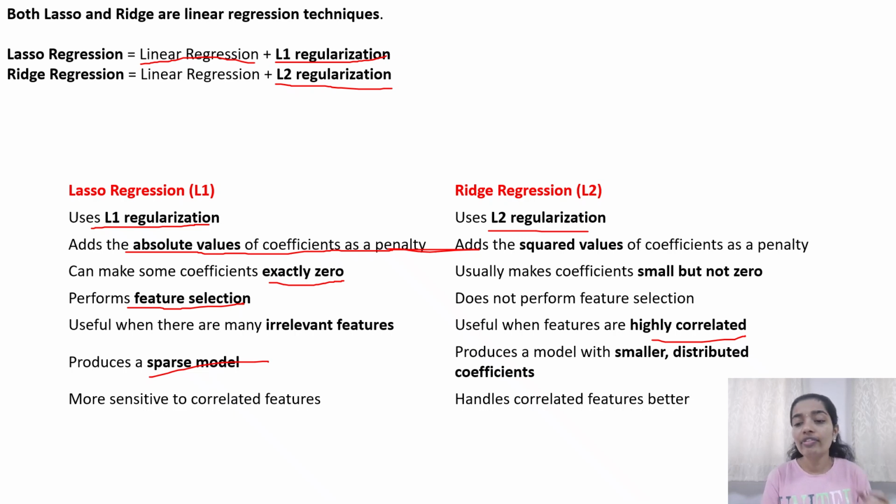So if out of 10 features, 3 or 4 are dependent on each other, and one of them is gone, it will automatically affect the other ones also. So when features are dependent on each other, we should avoid using lasso regression, whereas ridge regression works best there.